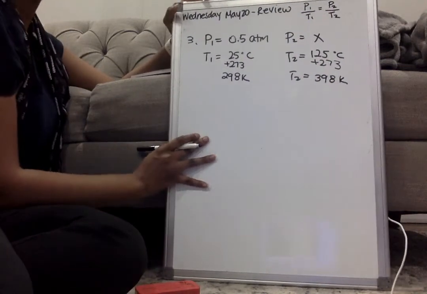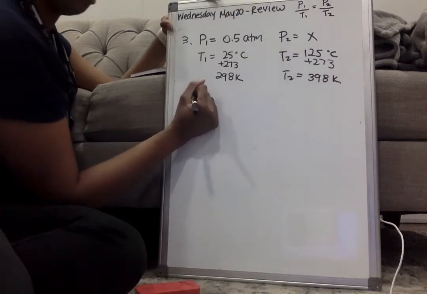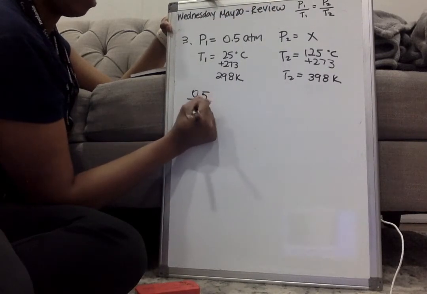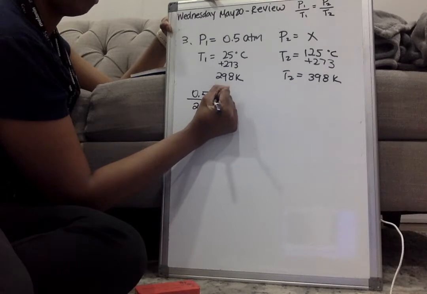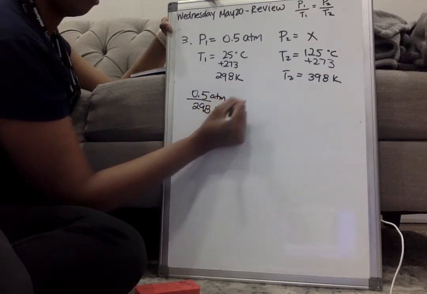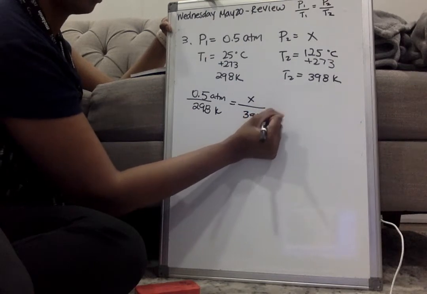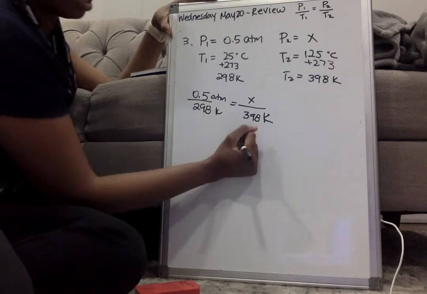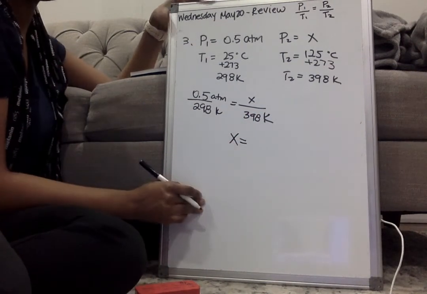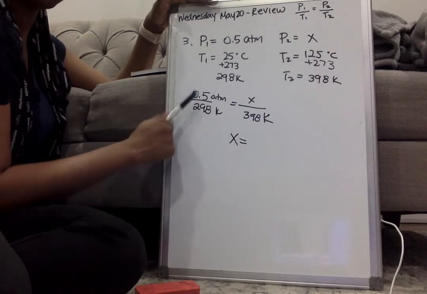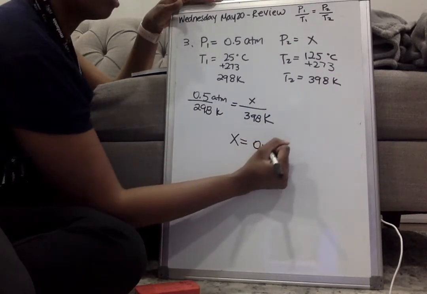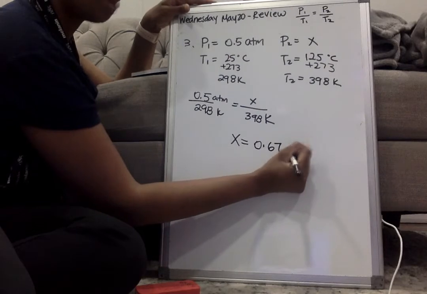Put it into the formula: 0.5 atmospheres divided by 298 Kelvin, don't forget your units, equals X over 398 Kelvin. Cross multiply, and you'll find that as your temperature increases, your pressure also increases, and it increased to 0.67 atmospheres.